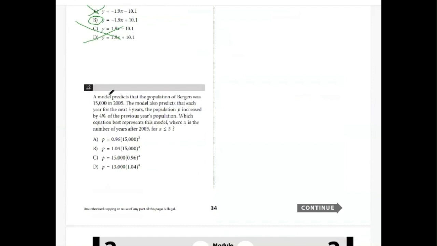The model predicts that the population of Bergen was 15,000 in 2005. The model also predicts that each year for the next 5 years, the population P increased by 4% of the previous year's population. Which equation best represents this model, where x is the number of years after 2005, where x is less than or equal to 5? The canonical formula for exponential function is this.